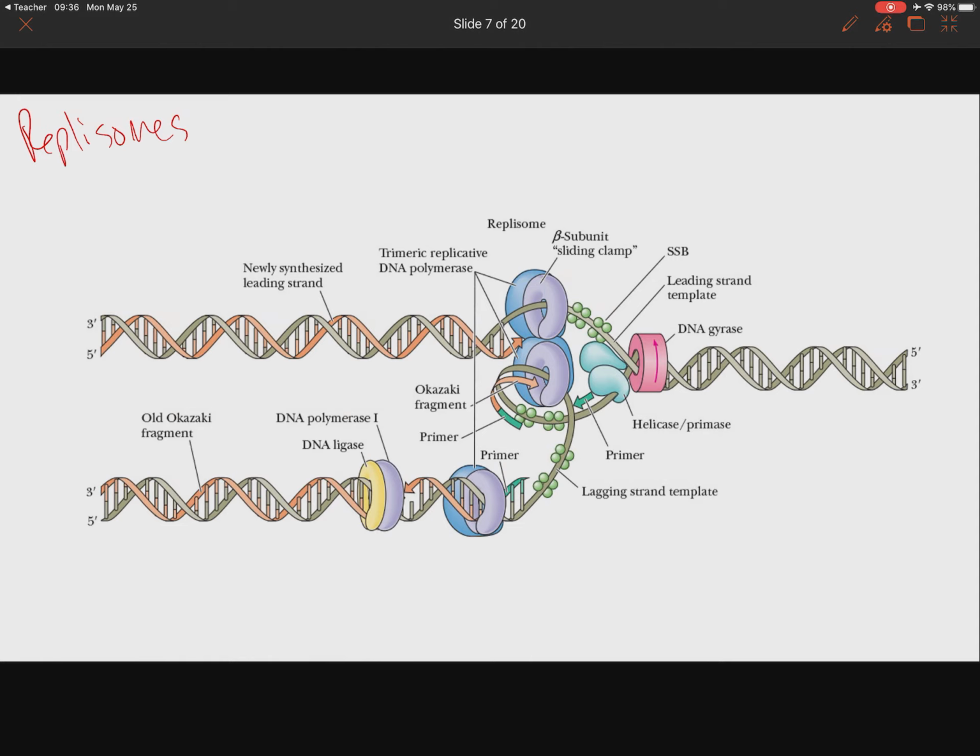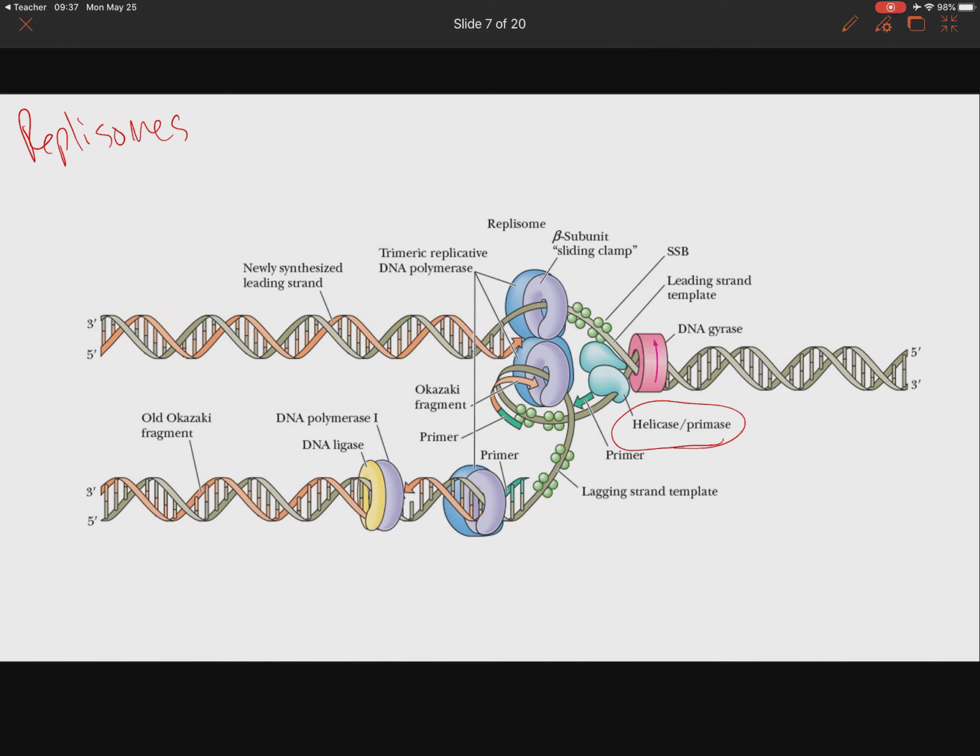We have DNA gyrase. You can see gyrase in here. I think primase is the enzyme that comes in here and actually helps to unwind the DNA. So we've got some type of keeping the strands apart, putting on the primer. So primase is putting on these RNA primers. Helicase is helping to unwind. We have DNA gyrase.